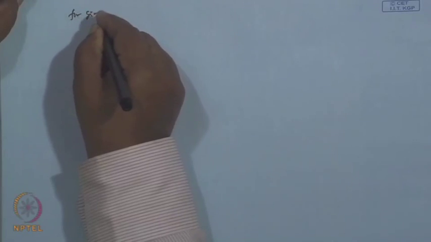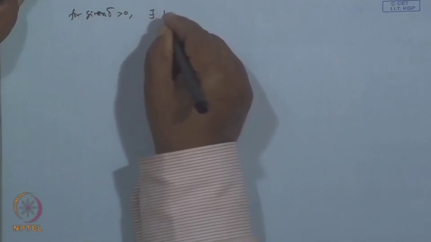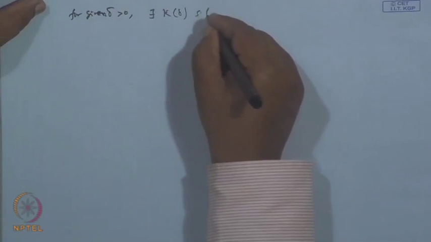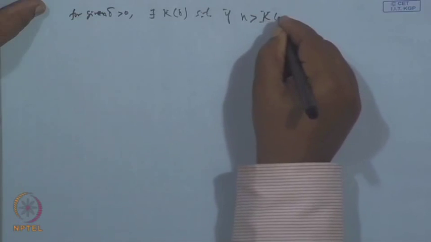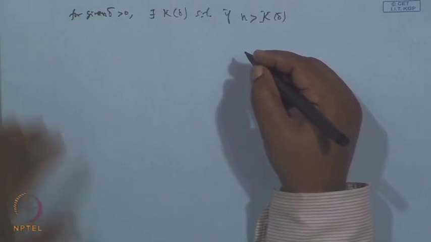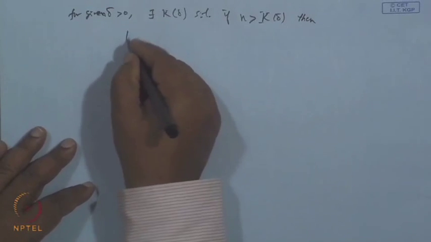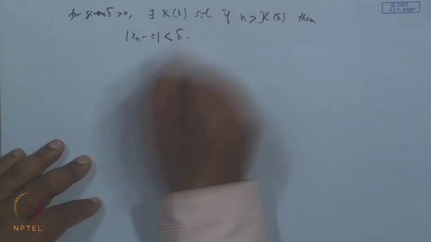So, by definition, for a given delta greater than 0, there exists a K depending on delta such that if n is greater than K, then |x_n − C| will remain less than delta. Is it not?